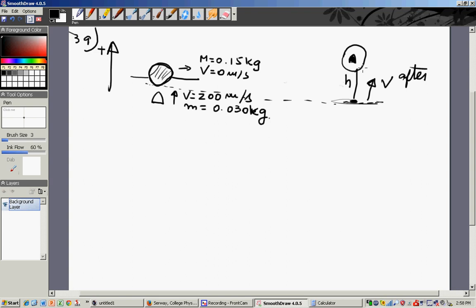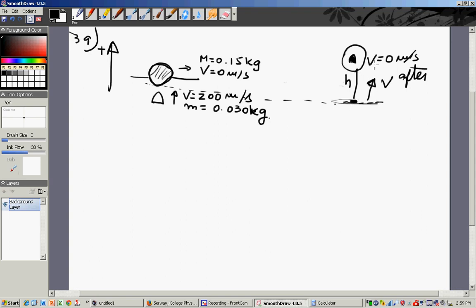This v after is the velocity of the system of ball and bullet right after the embedding took place. Perhaps this embedding took place in fractions of seconds, I don't know. But the point is, both of them start moving up with a certain velocity, which I'm calling v after.